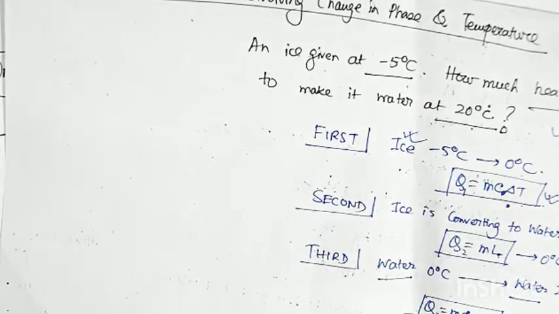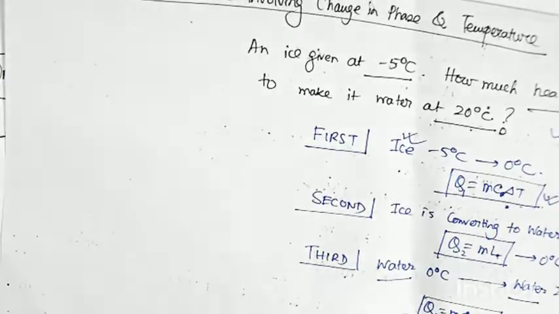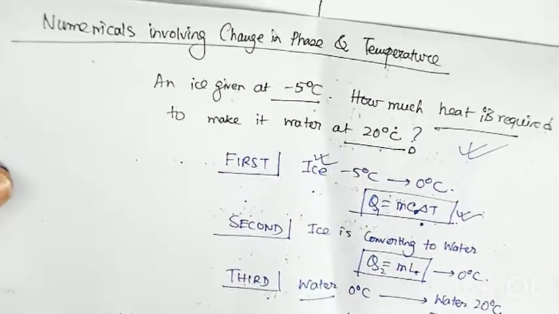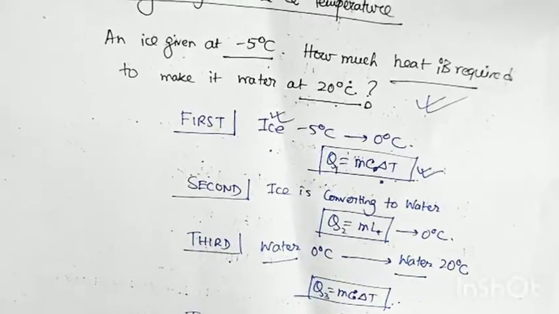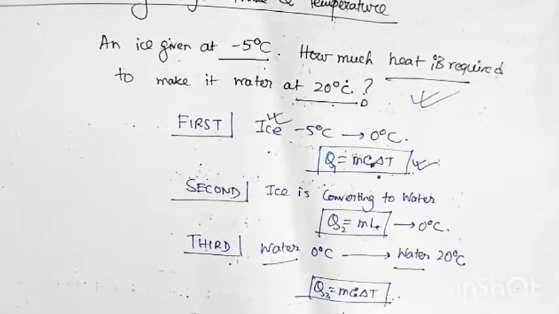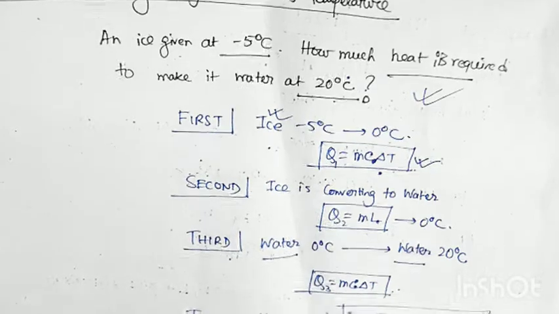Let's see how we solve numericals. See, for solving numericals, I've made an easy problem so that you can get a basic understanding of how things are calculated. I've taken a system of ice. An ice of some mass m is kept at a temperature of minus 5 degrees centigrade. Now it is heated up to a temperature of 20 degrees centigrade. Clear?